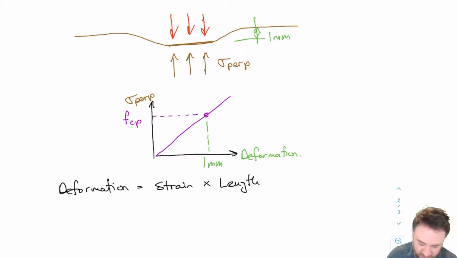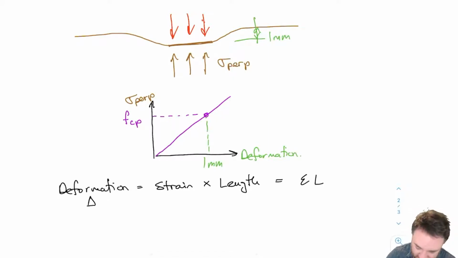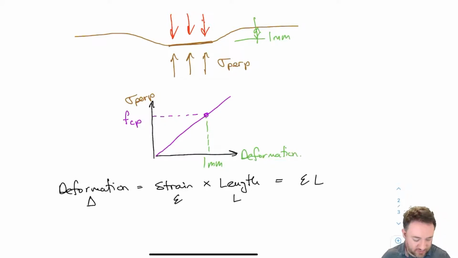You guys are familiar with this. Strain equals delta L over L. So if I rearrange that equation, I'm going to have strain epsilon times a length, right? So that's basically the definition of deformation in one dimension, right? So deformation, if this is delta, and this is strain, and this is length. Okay, then we have deformation as strain times length.